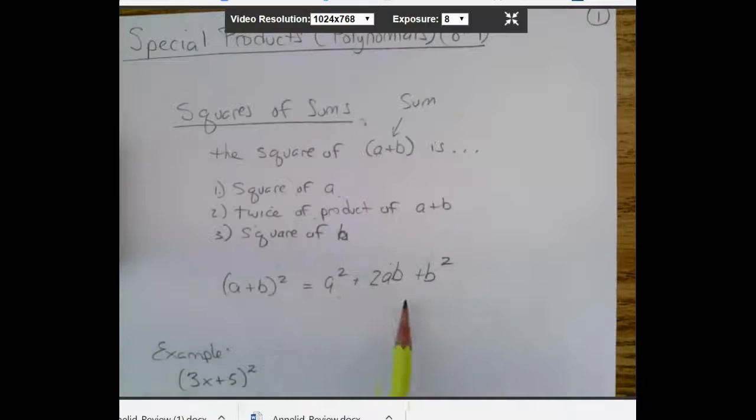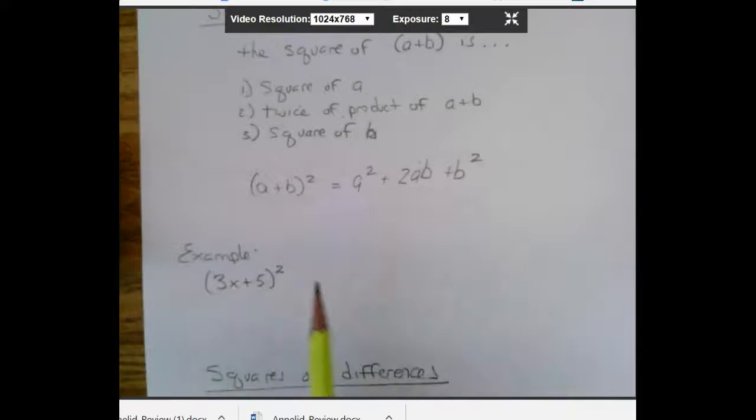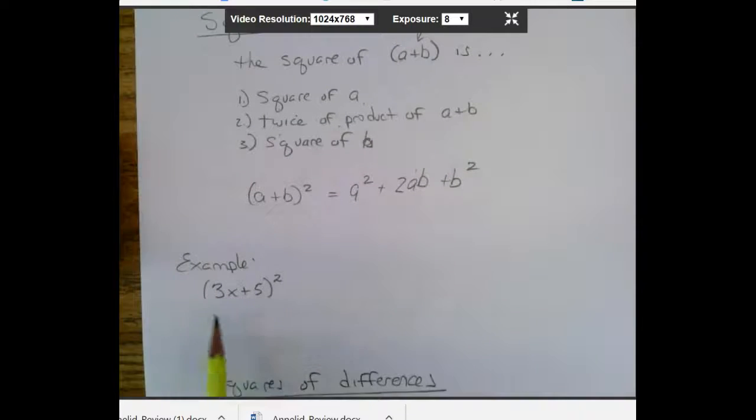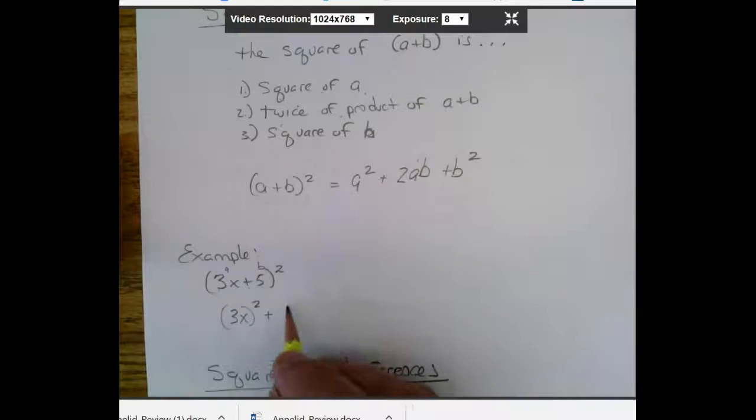It's easy with the letters, a little bit harder when you have some numbers in there. So let's look at an example. Again, we have 3x plus 5. This is your a, this is your b. Then we take the square of this. So we're going to go 3x squared, plus twice, 2 times 3x times 5, and then add 5 squared.